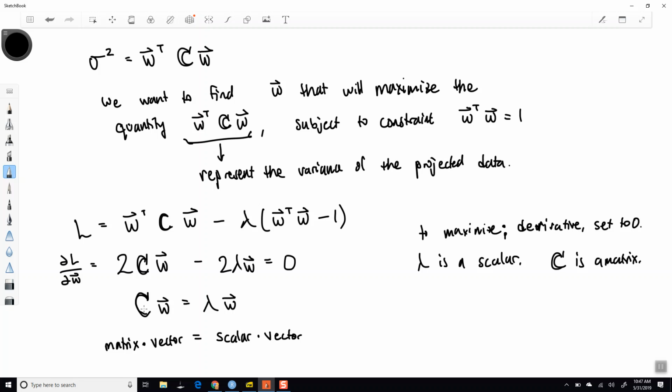So in order for this relationship to work, the vector W must be an eigenvector of the matrix C.